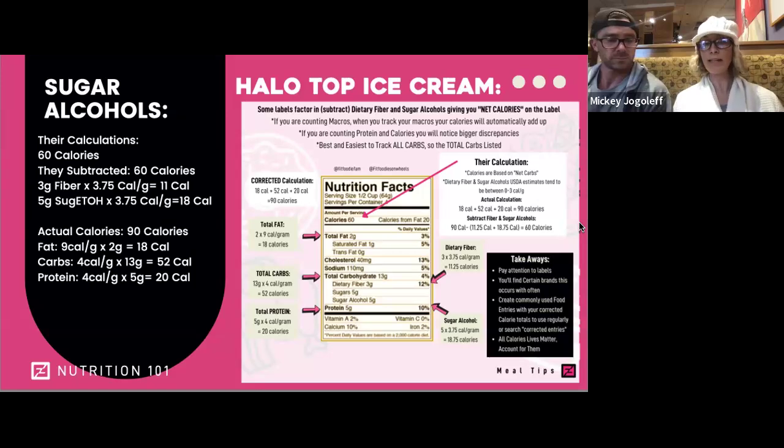What they did was subtract the calories that come from fiber and the calories that come from sugar alcohol. But when you take the total, 18 calories from fat, 52 calories from carbs, 20 calories from protein, you get a total of 90 calories, which is obviously a 30-calorie difference.